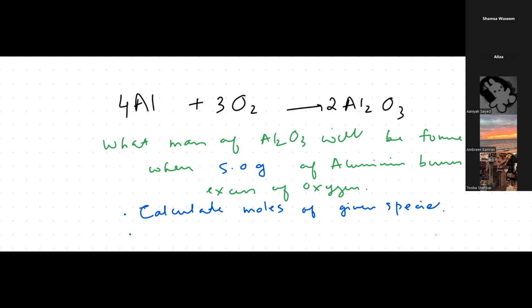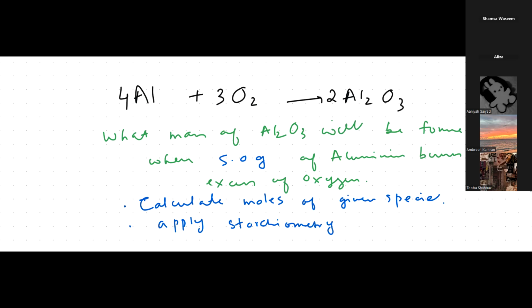After that, you just apply stoichiometry. What is stoichiometry? It is a ratio from the equation. You apply it for aluminium and aluminium oxide, because you have to find the mass of aluminium oxide.